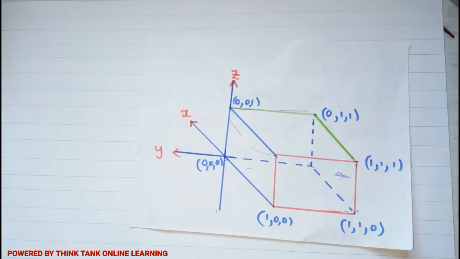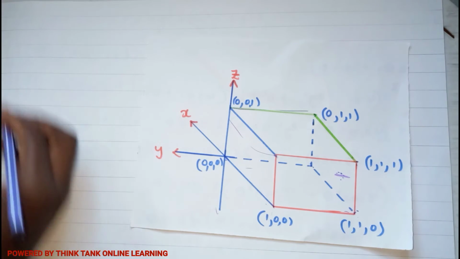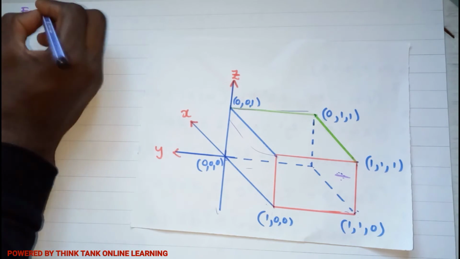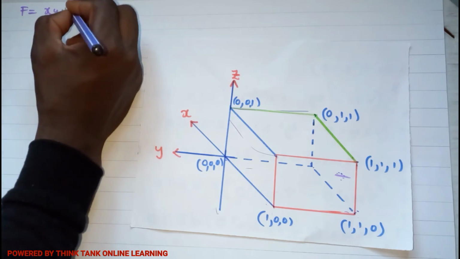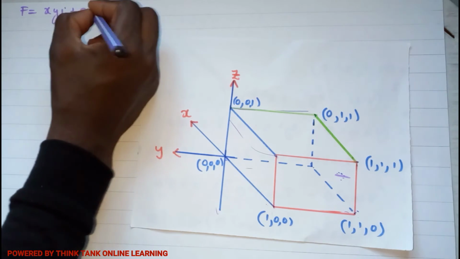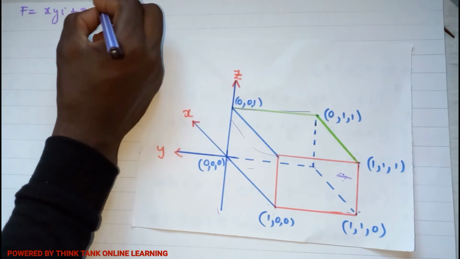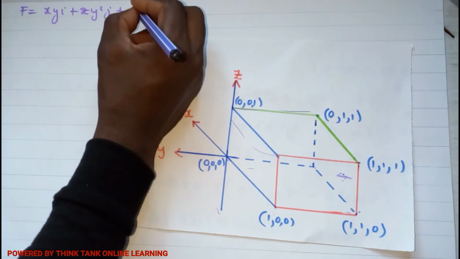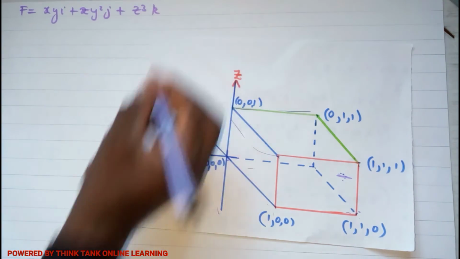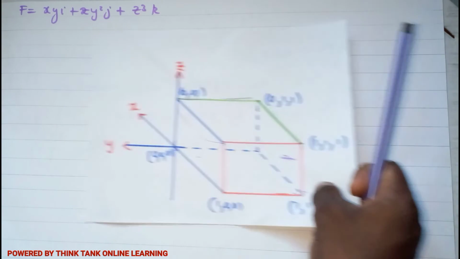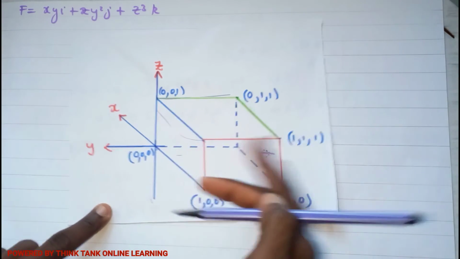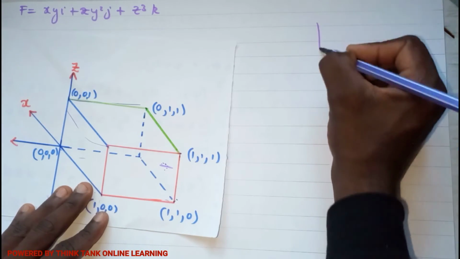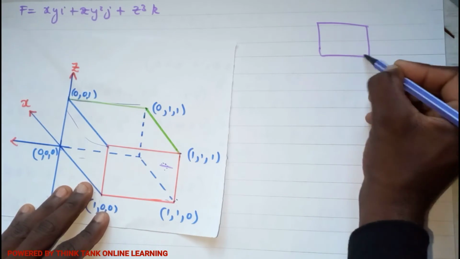Okay, and for surface number 4, our vector field will still be x y i plus z y squared j plus z to the power 3 k. So now for the fourth surface, let me draw it here.